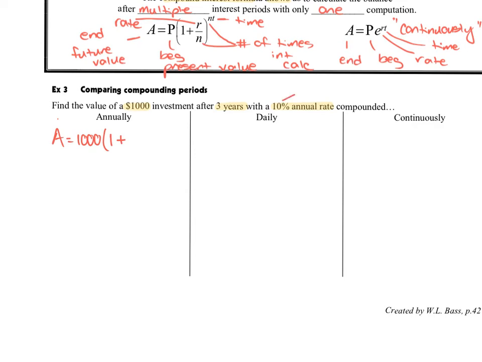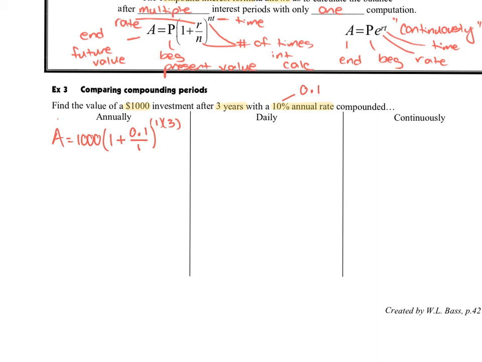Remember, we have to convert this to a decimal, so we're going to say 0.1. That's my rate. It's compounded annually, so my n is only going to be 1, and then my exponent is going to be 1 times however many years, or in this case 3.